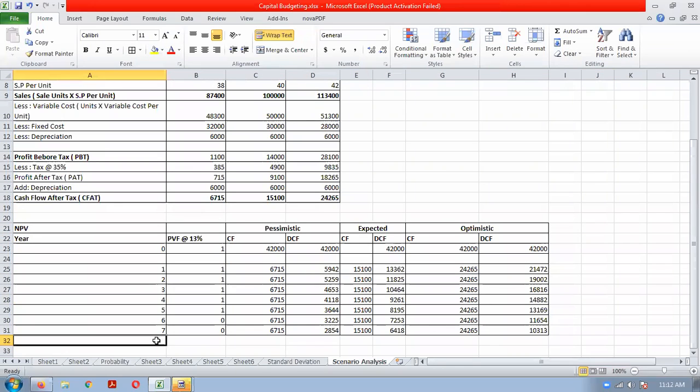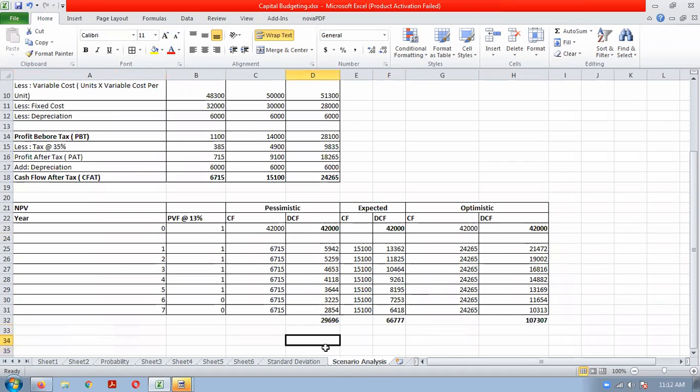How can you calculate the NPV? For that we will have to take the total of the discounted cash flows. NPV will be inflow minus outflow.